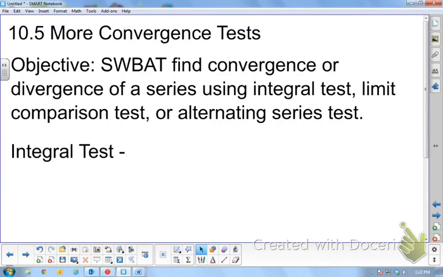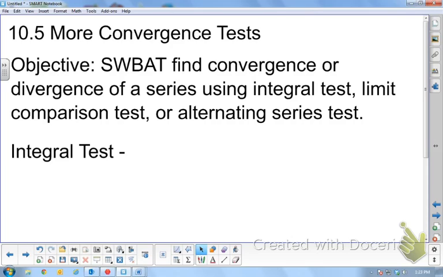We have a few more convergence tests to talk about today. We will also have one more topic on the radius and interval of convergence on Monday. And then, oh yeah, Tuesday I forgot.